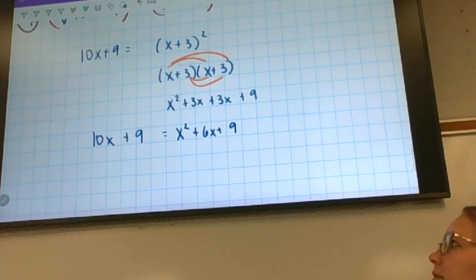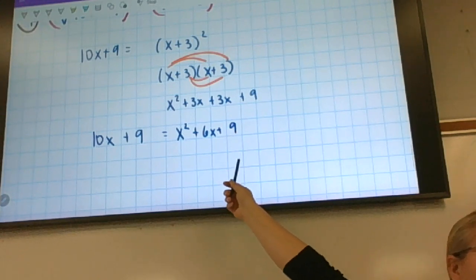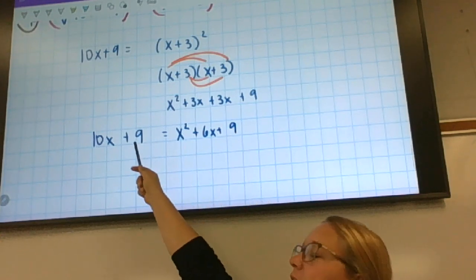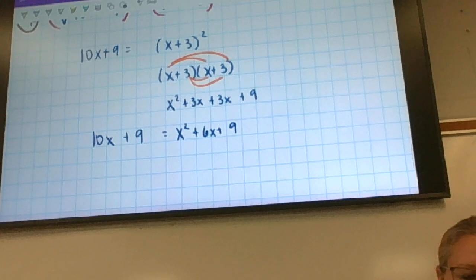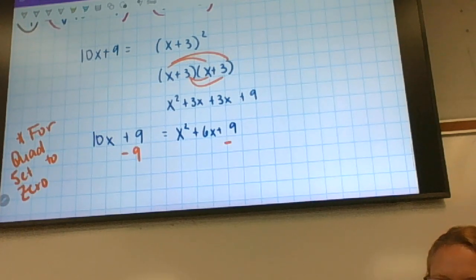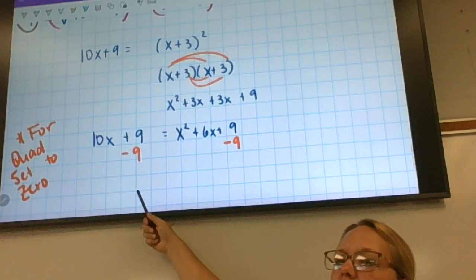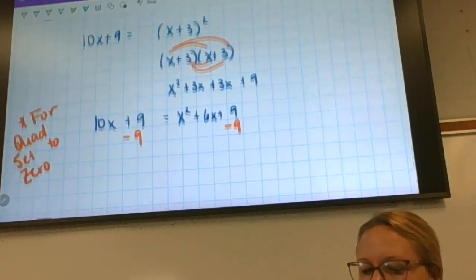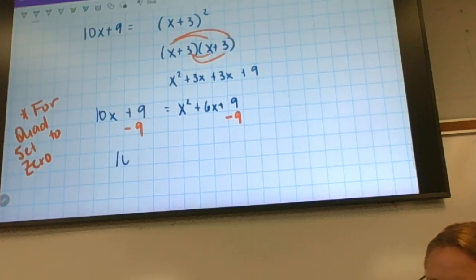Okay, so now we have a quadratic. Whenever you have a quadratic here, we're going to set one side equal to 0. Linear equations, that's not necessary. For quadratics, set to 0. So I'm going to subtract the 9 from here, and they just happen to cancel.